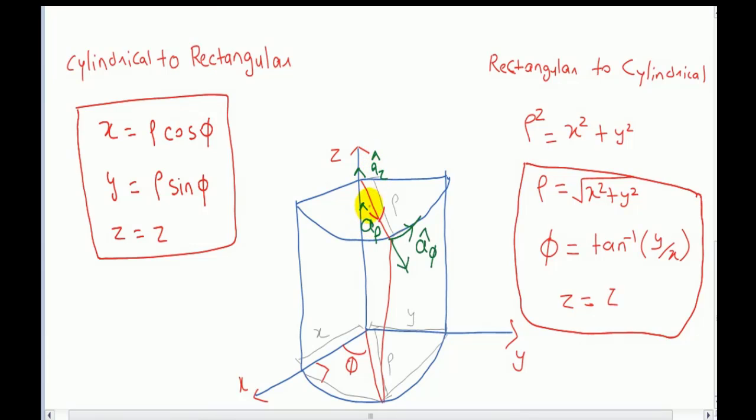So you can see that A rho cap, A phi cap and Az cap all are mutually perpendicular with each other.